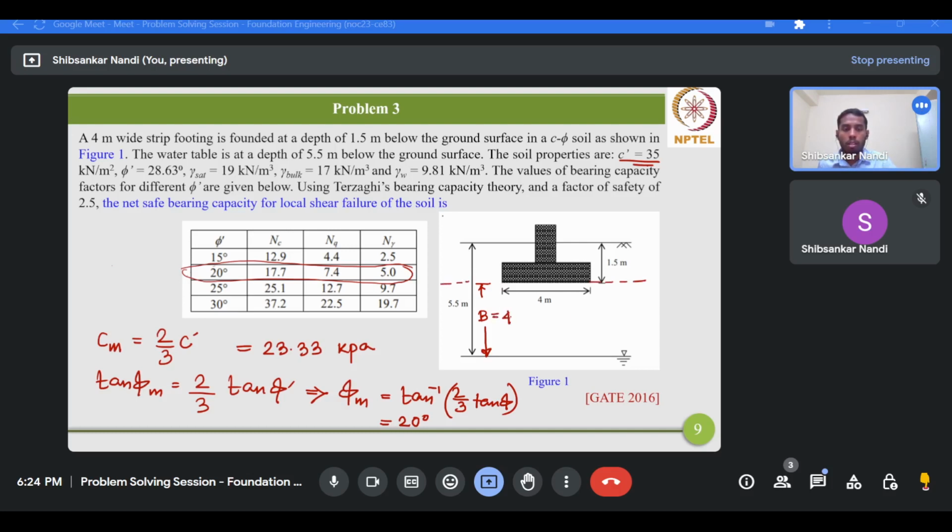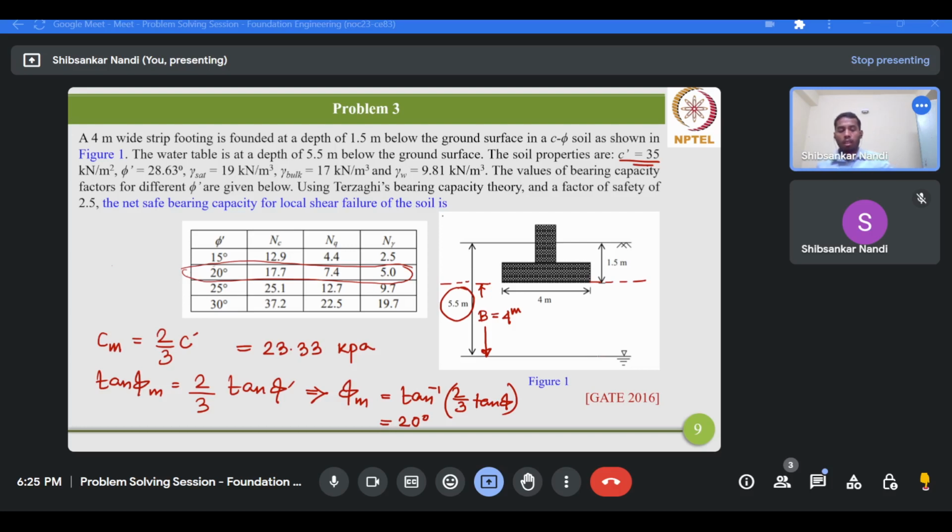It is 4 meters, and the depth of foundation is 1.5 meters. So 1.5 plus 4 covers the entire 5.5 meters, which is the distance of the groundwater table from the ground surface. So for this problem, you need not bother about the groundwater table effect, because it is located beyond the influence zone of the footing.